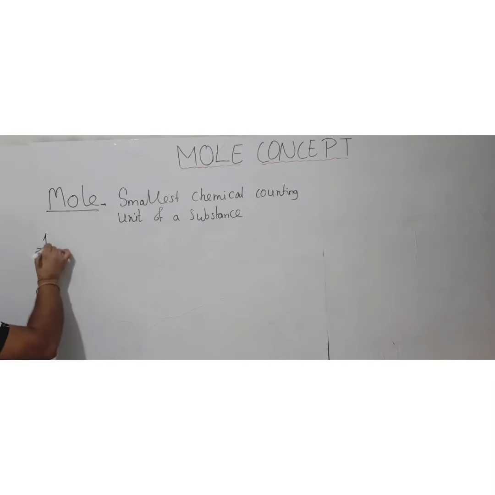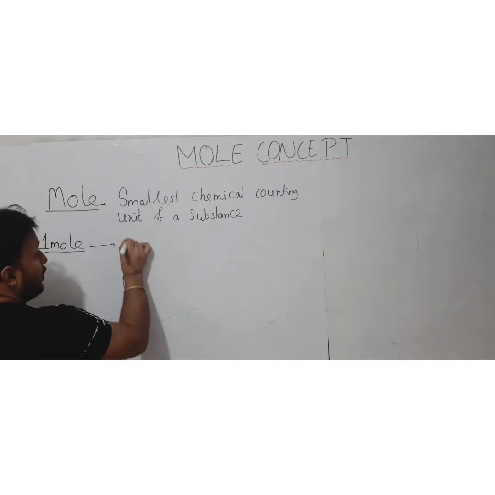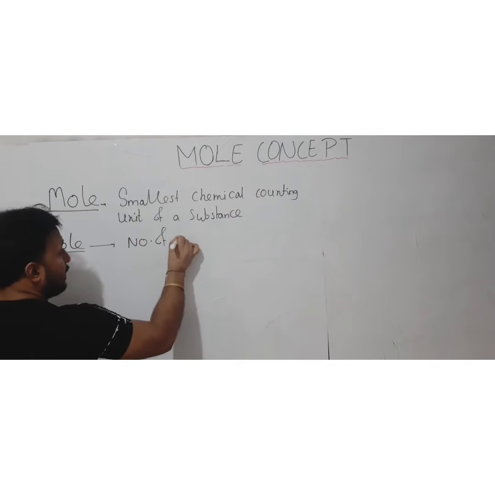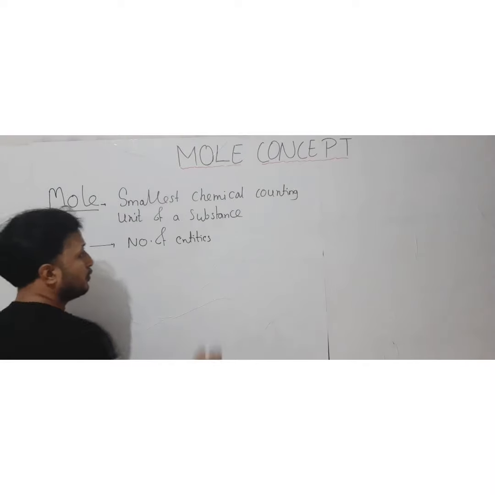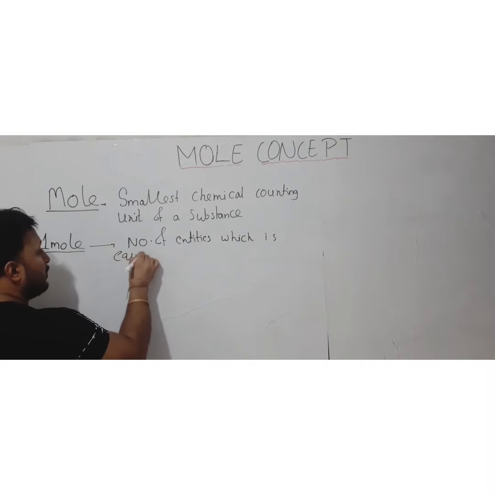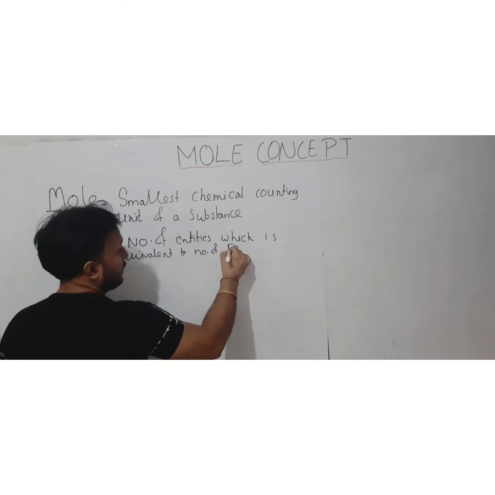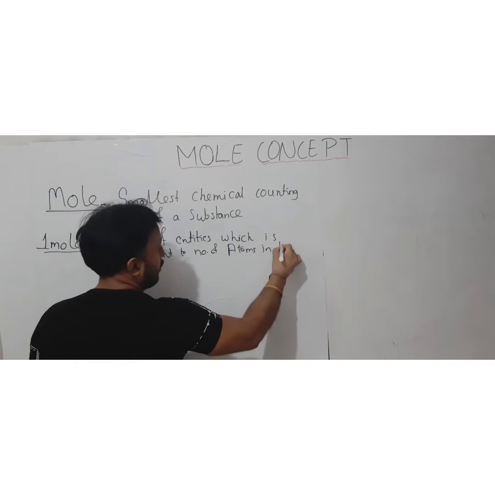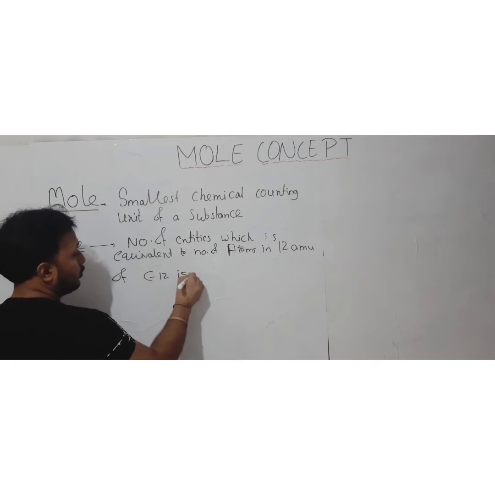When we say 1 mole of any substance, I'm saying any substance, it means that 1 mole of substance is equivalent to the number of entities, or you can say number of particles, number of atoms, which is equivalent to the number of atoms in 12 AMU of carbon 12 isotope.